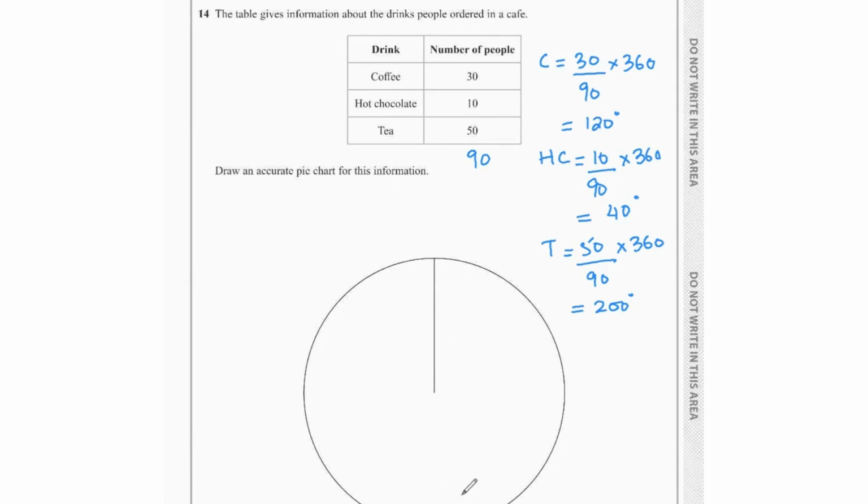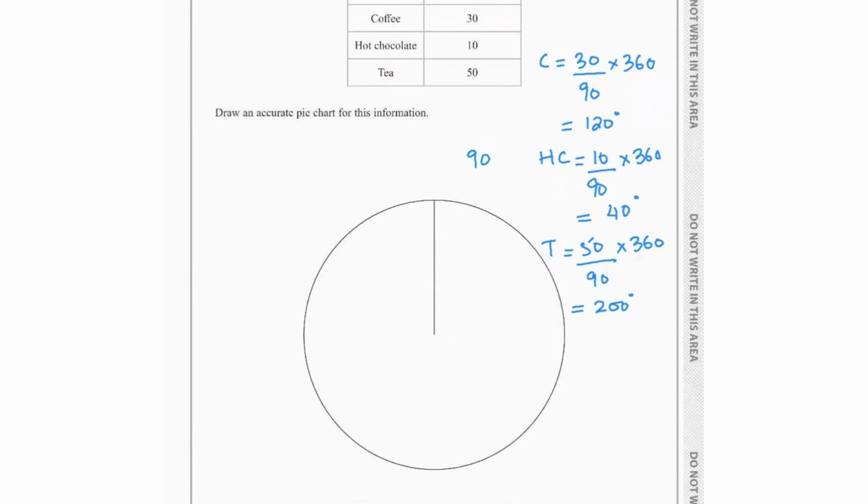Now, how do we sketch this? To sketch this, we're going to take our protractor. From the protractor, we're going to mark the angles of 120, 40, and 200. So if I do it roughly, 40 will be somewhere over here. This is your hot chocolate.